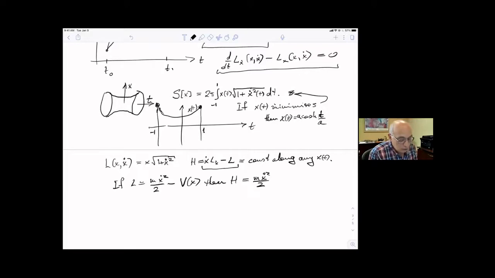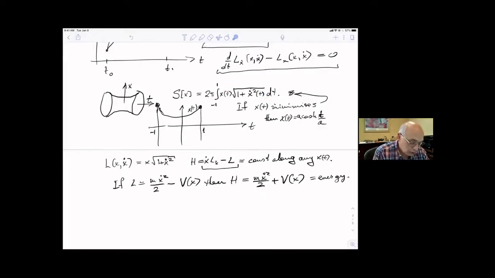Then a simple calculation, which I will skip, you can just plug L into this expression and do the simple calculation, and it turns out the only thing that happens is plus appears instead of minus. So that's the energy. In this case, it's a physical interpretation. What is the geometrical or any other interpretation in case of the Lagrangian coming from the soap film?